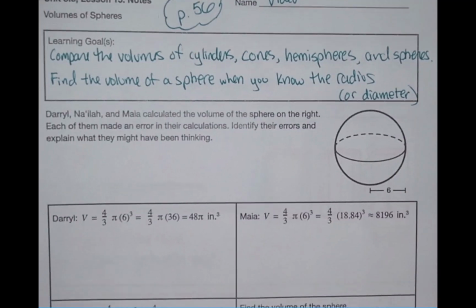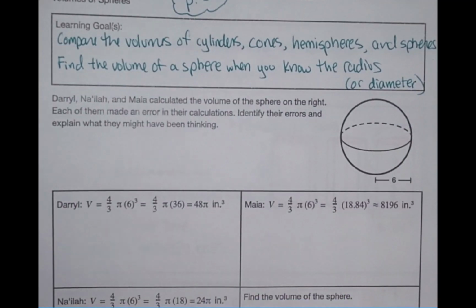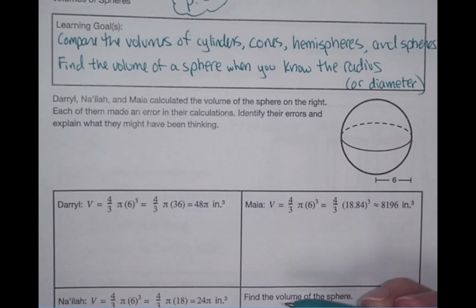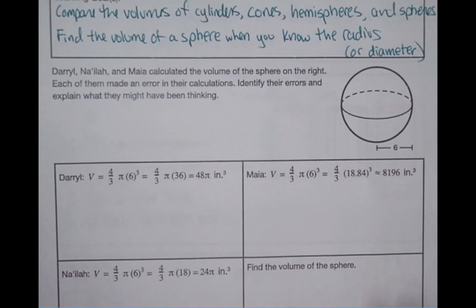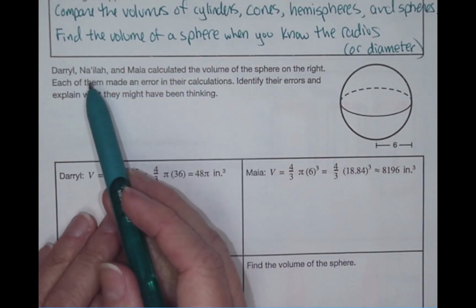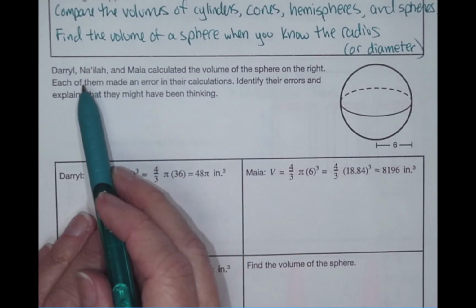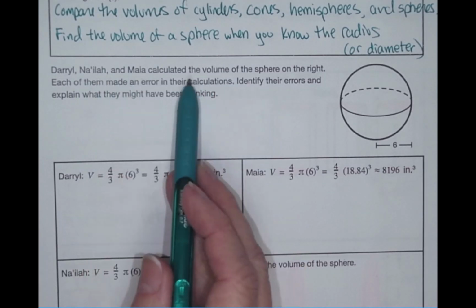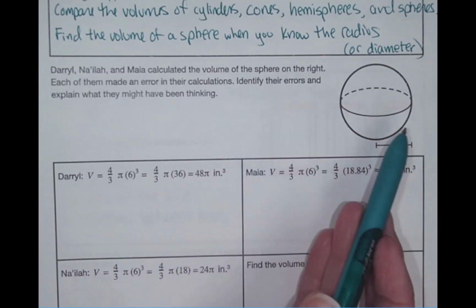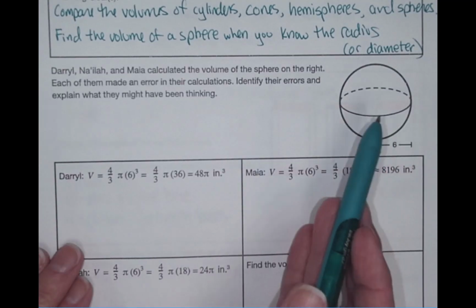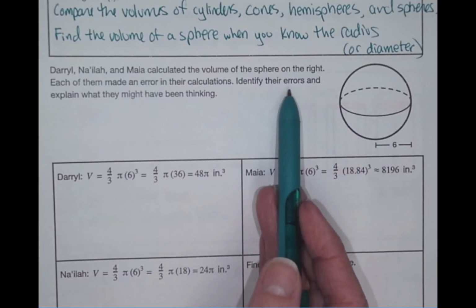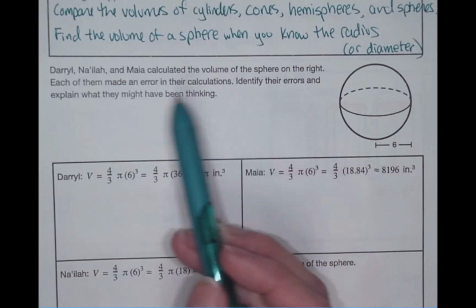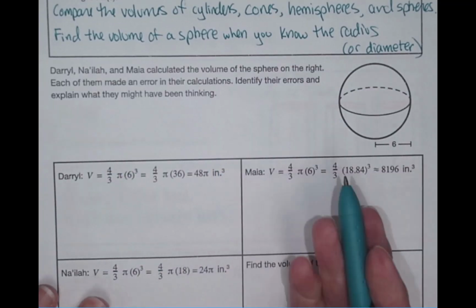Now, these notes really focus on mistakes that you can make in using a formula. I know you know by now how to use a formula for volume, but I see little boo-boos all the time. So we're going to compare these characters, Daryl, Nyla, and Maya. They calculated the volume of the sphere on the right here, and each of them made an error in their calculations. So we're going to see what their errors were, learn from their mistakes, and do it the correct way.